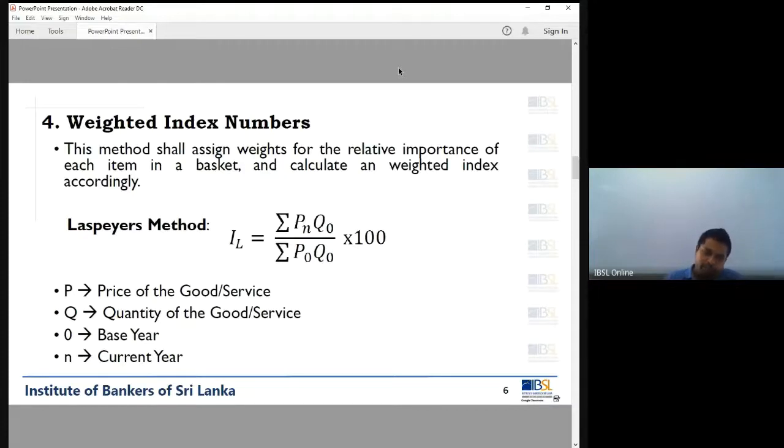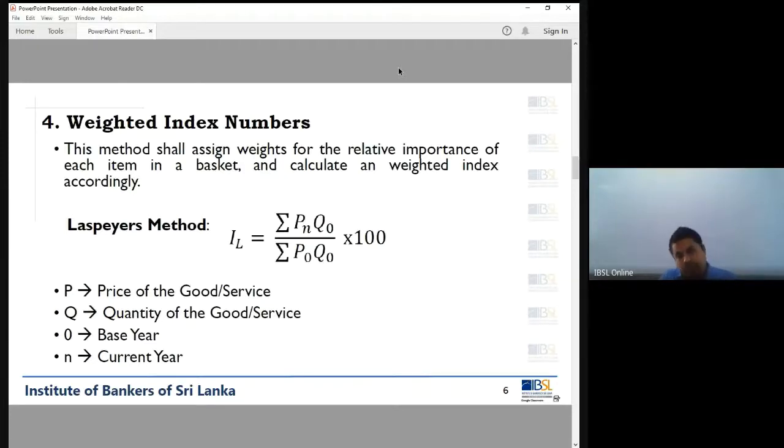Now, in the very first discussion that we had under inflation computation, we assumed that the quantities shall remain the same, and we just discussed the price changes, and we identified that when the prices change, your basket's weight or value is going to change. You define year one as the base year, and with the comparison, you move on to the next couple of years, and then you measure the change of the index.